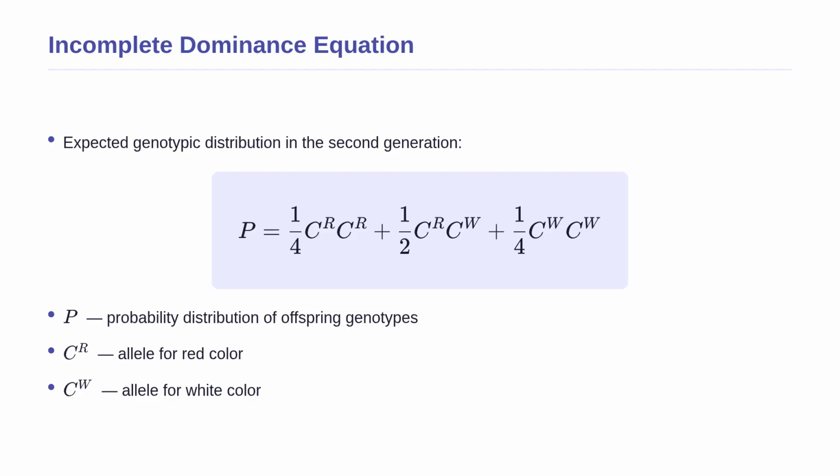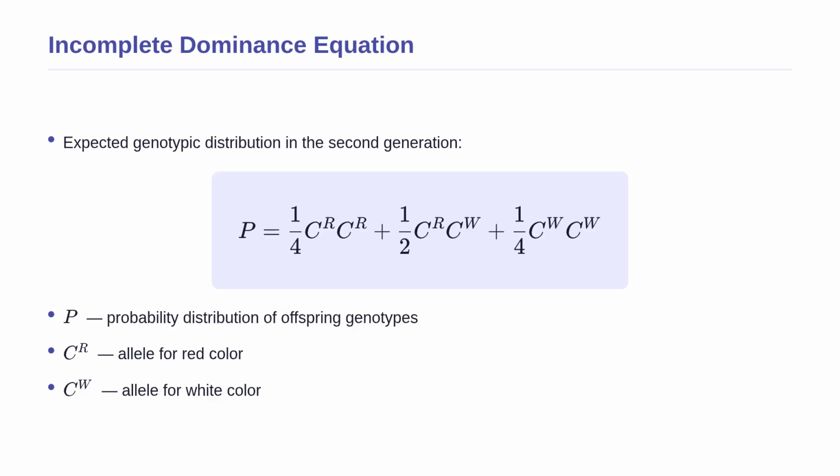Now that we understand the concept of blending, let us look at the mathematical formula that predicts this behavior in the second generation. This equation comes from the random assortment of alleles during reproduction. The variable p stands for the probability distribution of the offspring's genotypes.